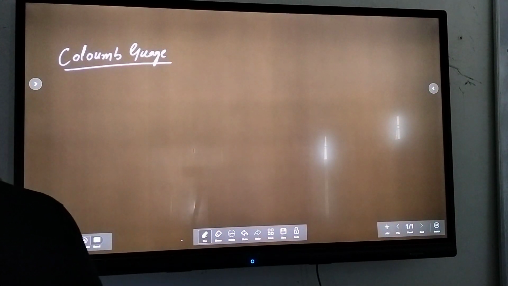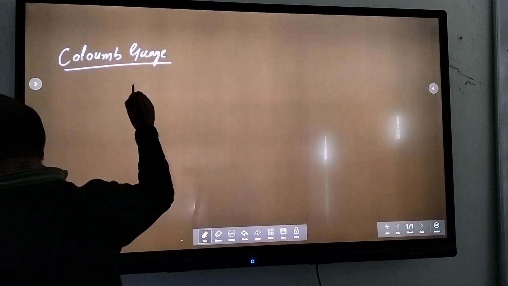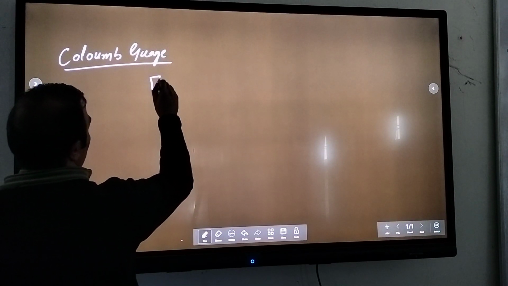Okay, so that means we have two equations. So first equation is that nabla square phi.